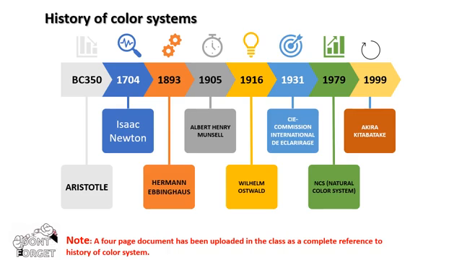For example, Aristotle, Leonardo da Vinci, Isaac Newton, Albert H. Munsell, William Ostwald, and Arthur Pope, just to mention a few, have been outstanding in formulating and building color order systems.